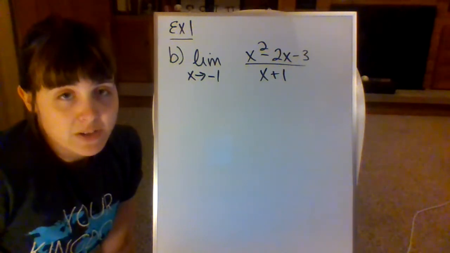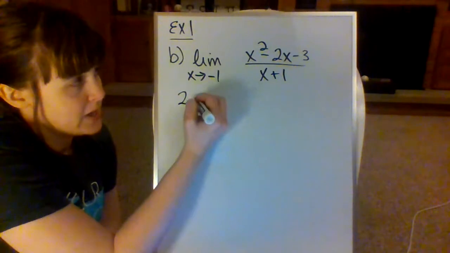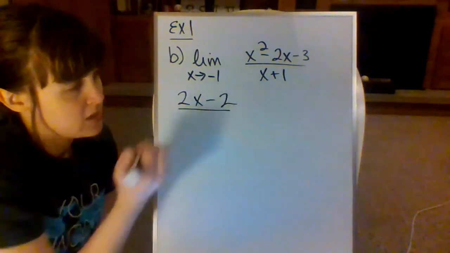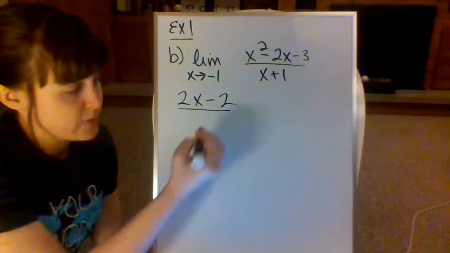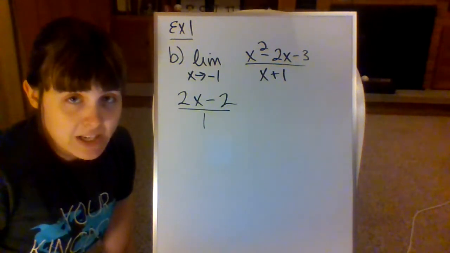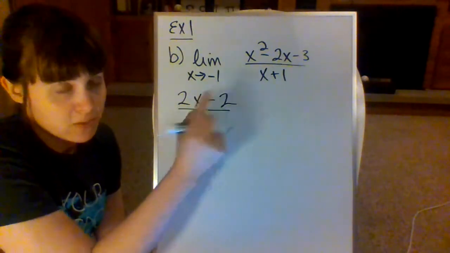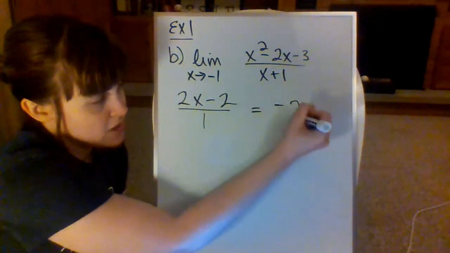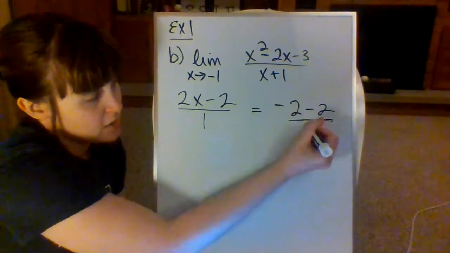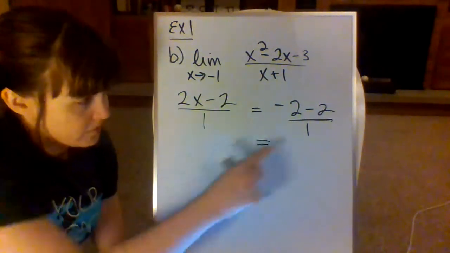So we're going to find the derivative of the top and the bottom. The derivative of the top is 2x minus 2, and the derivative of the bottom is 1. Now we're going to plug in negative 1 for x. So 2 times negative 1 is negative 2, minus 2, over 1. So what does that equal? Negative 4.